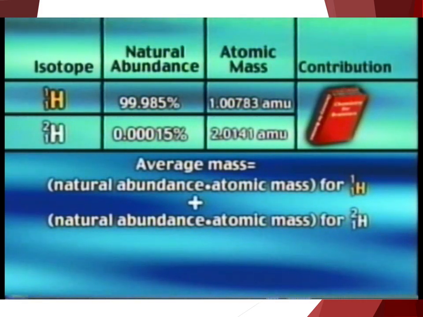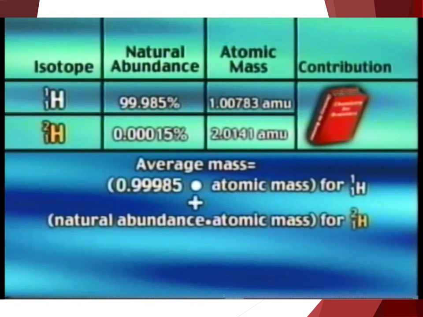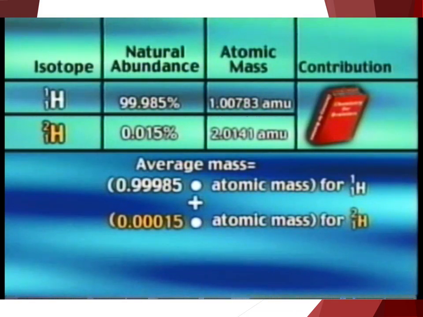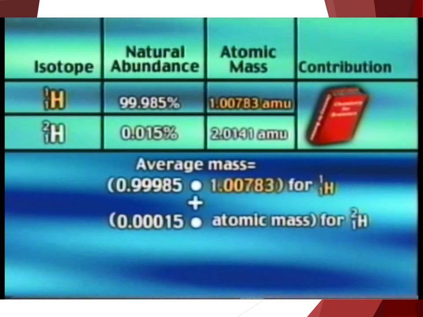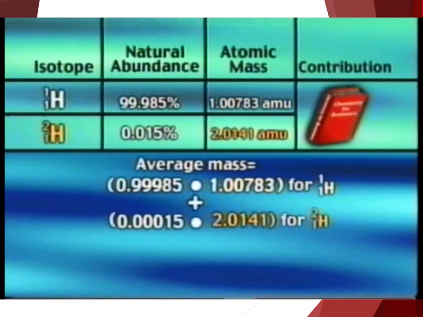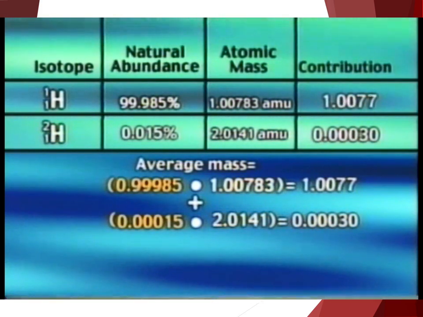The hydrogen isotope with no neutrons has a natural abundance of 99.985%, and the isotope with one neutron, called deuterium, has a natural abundance of 0.015%. The mass of the first isotope is 1.00783 AMUs, and for deuterium, 2.01410 AMUs.